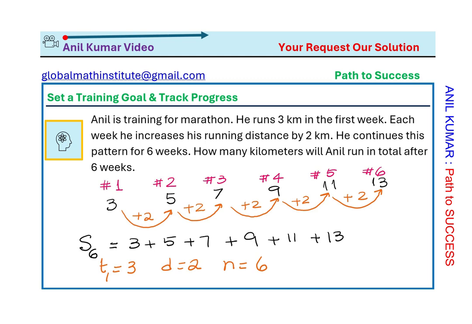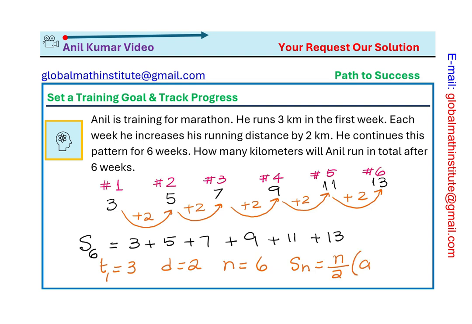Using the formula is very simple. The formula is Sn equals n by 2, 2a plus (n minus 1) into d. Here a is t1, the first term, with value 3.